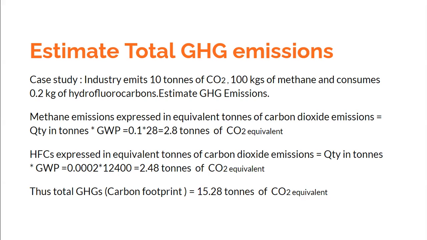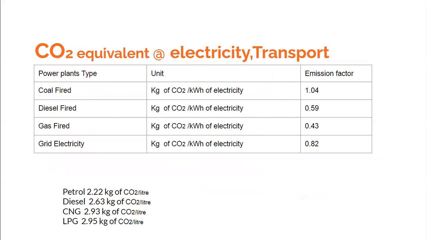So look at this number, 0.0002 tons of hydrofluorocarbons multiplied by 12,400 gives you 2.48 tons, right? And if you add 2.8 plus 2.48 plus 10, that comes to be the total carbon footprint of an industry which is consuming hydrofluorocarbons and methane along with emissions of CO2. So in this case, the carbon footprint works out to be 15.28 tons of CO2 equivalent.